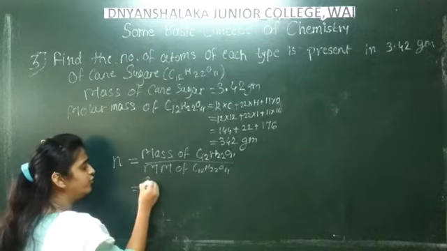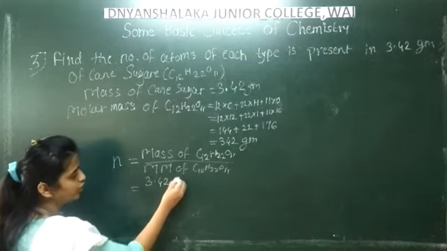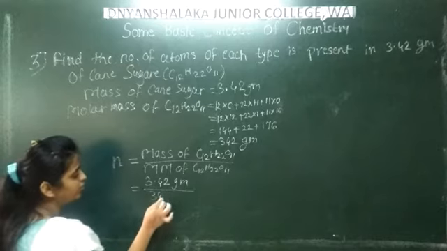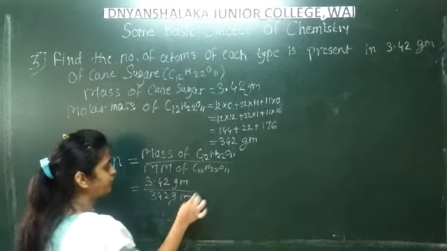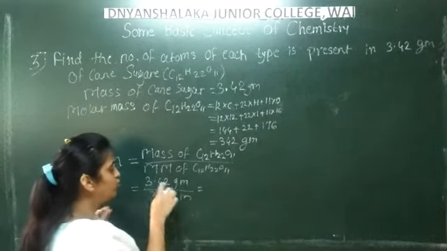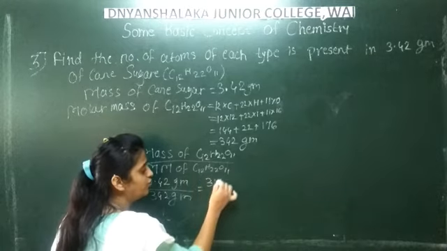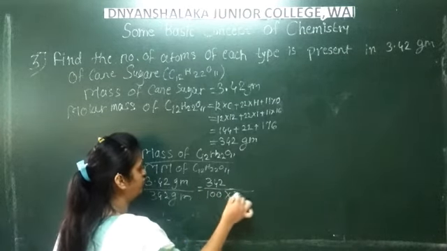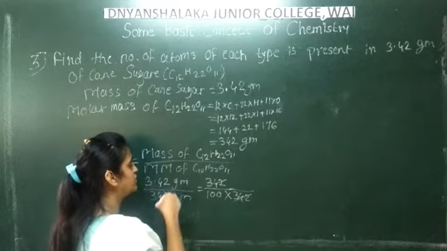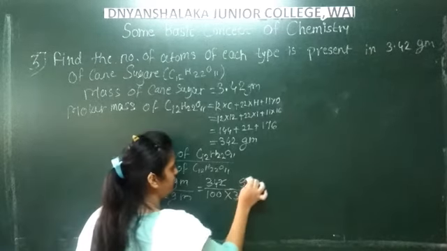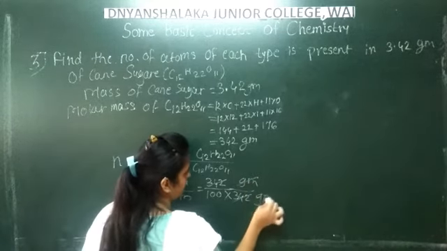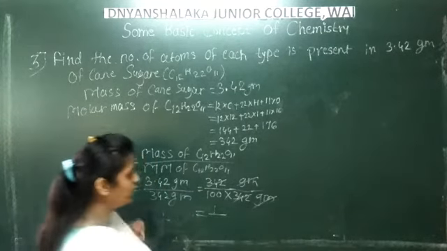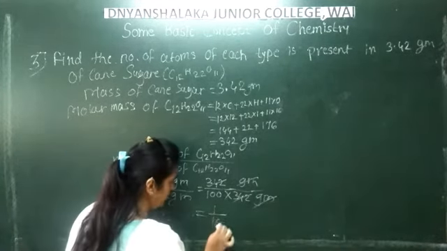Putting the values, we get 3.42 given mass upon molar mass 342 gram. Removing the decimal point, 342 upon 100 into 342. So 342 cancels with 342, and the gram units cancel each other. So we get the answer 1 upon 100 moles.